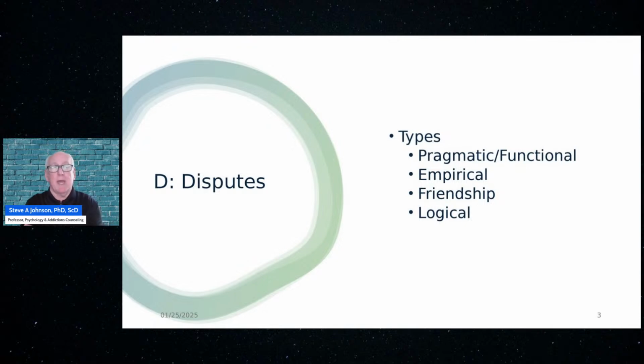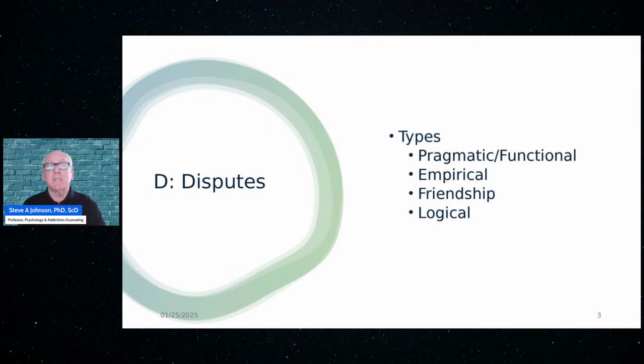So once we get the A, the C, and we get the B, then we would dispute it to help the client realize the dysfunctionality or unhelpfulness of that belief. We would initially try all of these. And then over time, we realize that some of these work better for the client than others.